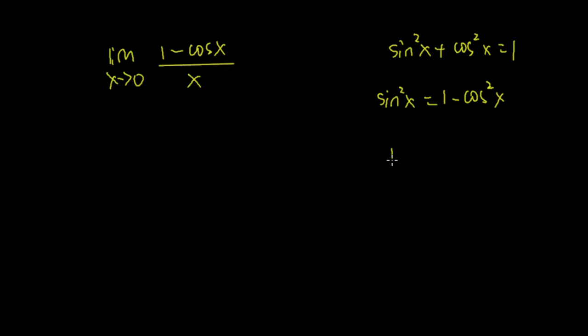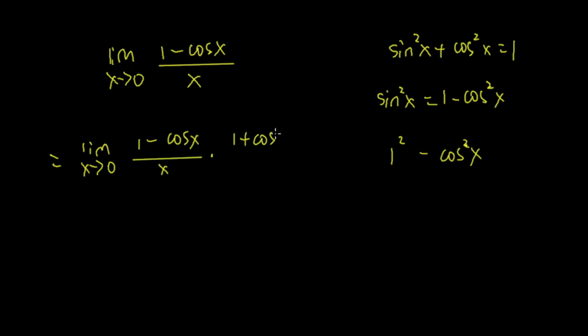Now you can see this as 1 square minus cosine square x, right? So it's a difference of squares. So what we can do is just multiply this limit by 1 plus cosine x over 1 plus cosine of x, right? Because this term is just equal to 1.